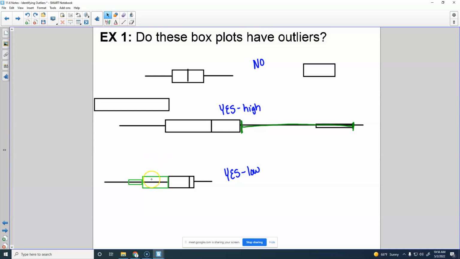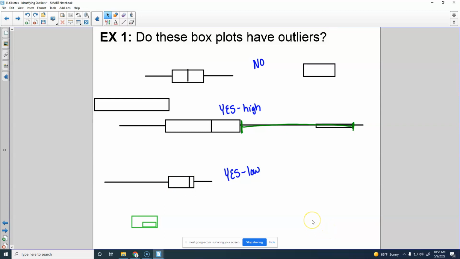You would not have a high outlier here because if you look on the high side, the higher numbers, that whisker does not go past the box. So when you have a whisker that looks really long compared to the box, that is when you're going to have an outlier there.